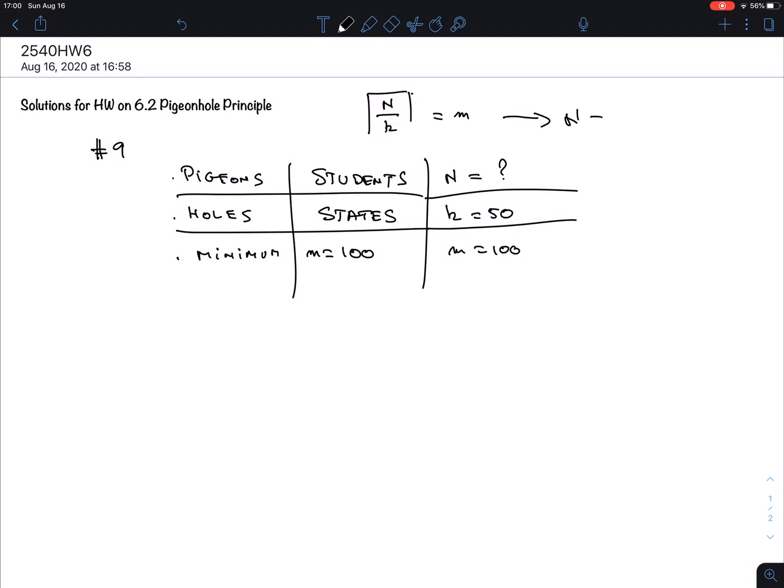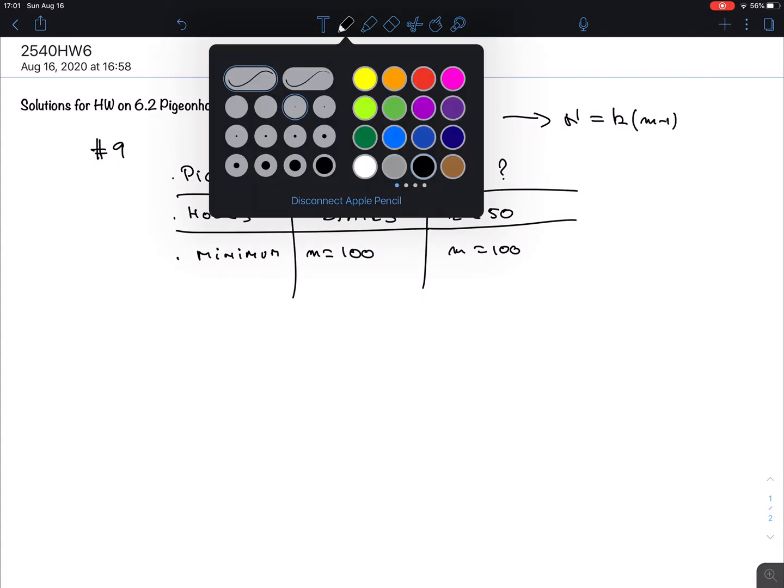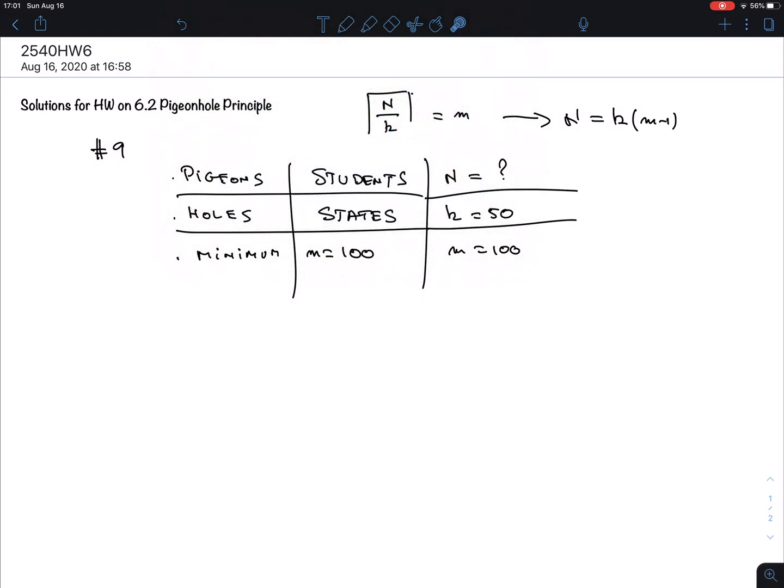You take 1 less than the desired minimum, multiply it with the number of holes, and that's just not enough. So you add 1 to it. That's how you find the optimal number.